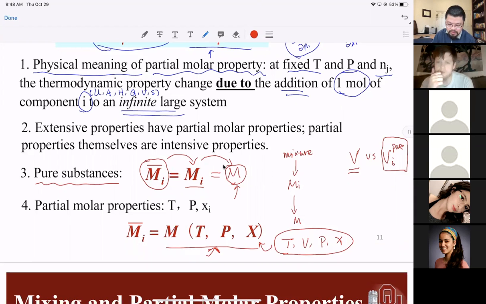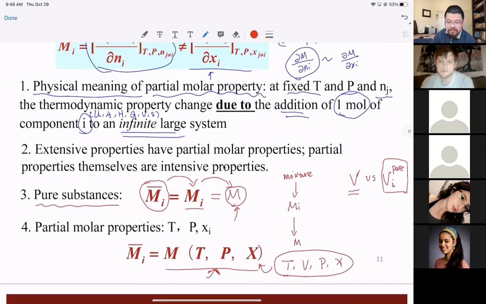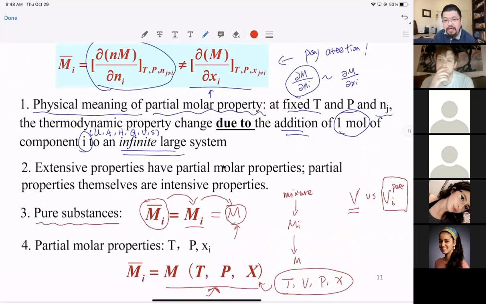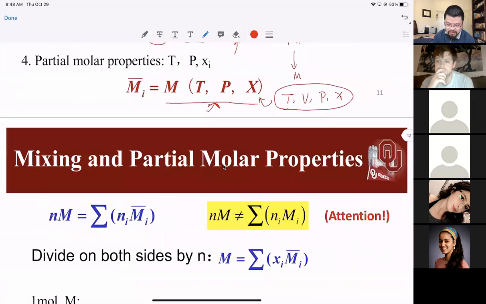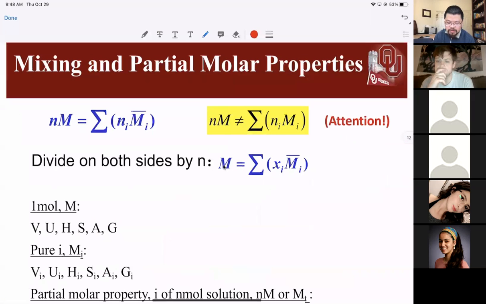Okay. So on this slide 11, it's more to explain, not to define any new quantity or any new equation. Moving forward, we do have a very important equation, which is the first one.